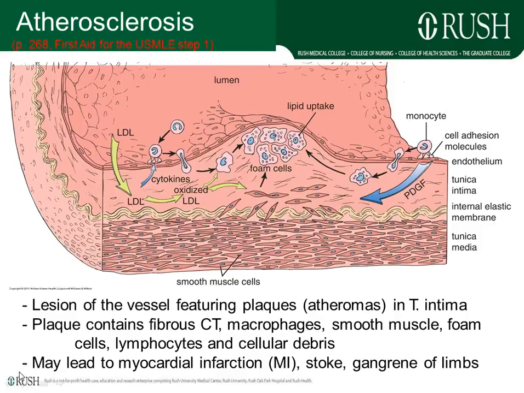In other words, they're full of the lipid. The plaque then will contain a lot of fibrous connective tissue, which is made by some of the cells that migrate into that area, because as I've said before, the smooth muscle cells can be highly synthetic. Smooth muscle cells that don't really belong there, foam cells, other macrophages, lymphocytes come in as a reaction to the area, and cellular debris from breakdown.